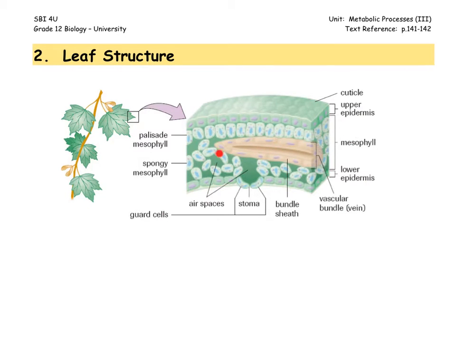And once there's excess oxygen within the spongy mesophyll, then that oxygen can leave via the stoma. Okay. It's also the site for excess water evaporation as well. The light levels and temperature levels will affect the opening and closing of that stomate, which we will talk about in our next lesson.